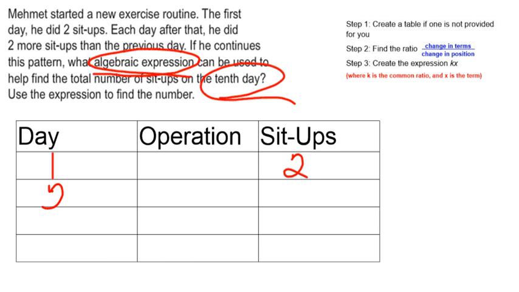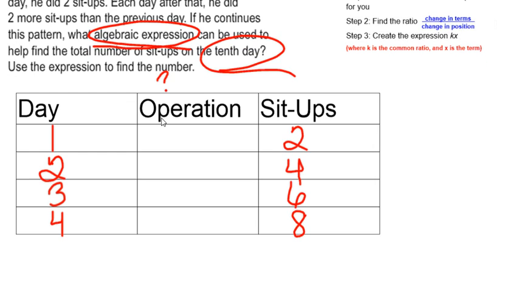So on the second day, he did 2 more than that, so he did 4. On the third day, he did 6. And then on the fourth day, he did 8. So the question is, what is this operation here? What did we do? And again, in a geometric sequence, it's multiplying. So we're going to have to find the change in terms, which is here, and then the change in position, which is here.